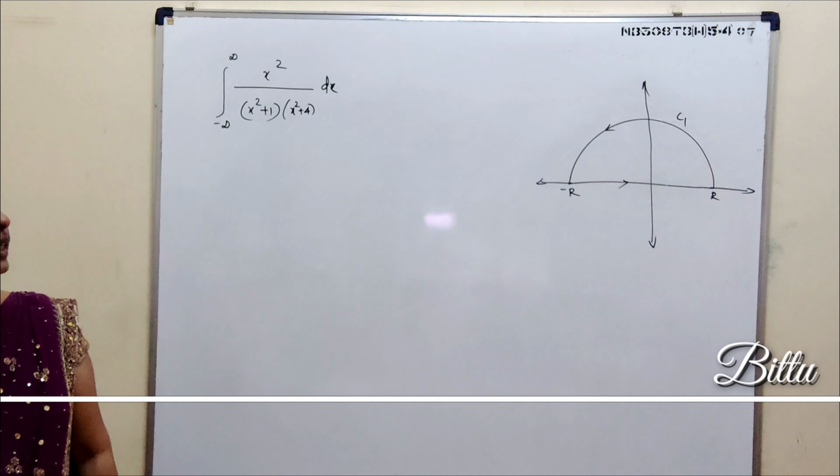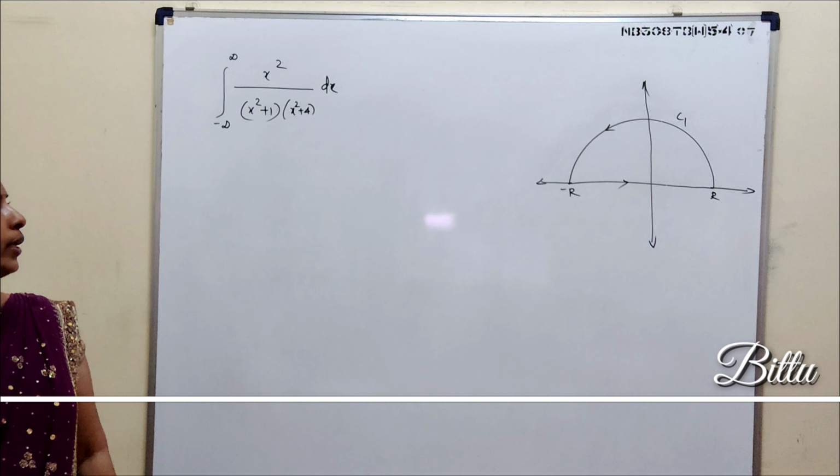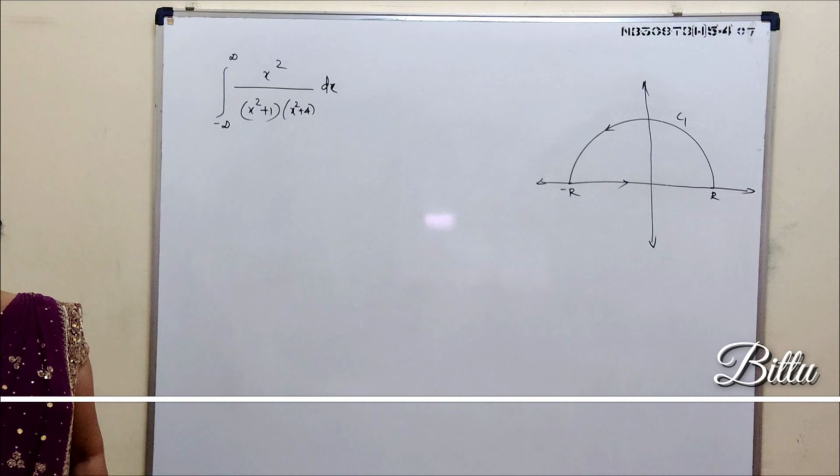We have to evaluate the integral from minus infinity to infinity of x square by (x square plus 1)(x square plus 4) dx. Our closed curve is like this, in which R is very large, R tends to infinity. So from this, the integral from minus infinity to infinity of f(x) dx is the integral over C of f(z) dz.